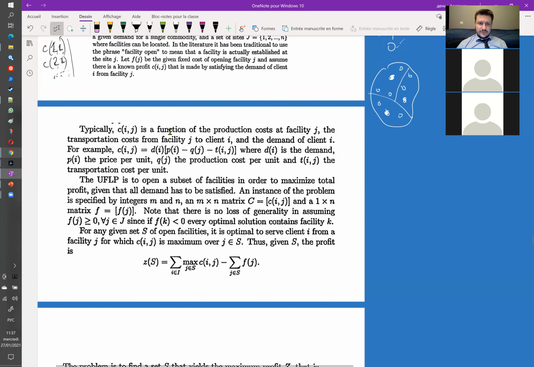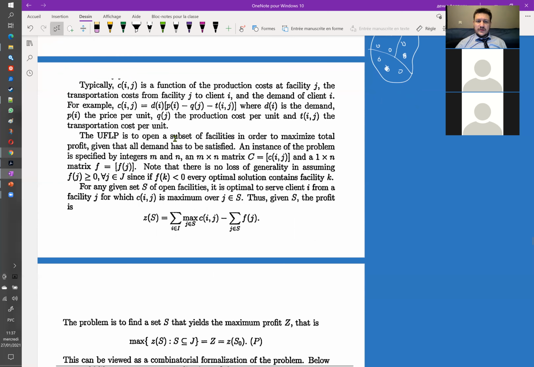And we have a cost function, transportation costs, and we have a price. So it's just economics. Maybe we shouldn't stop here right now, maybe later. So it's just an expression of how we can get these costs from some economic ideas.